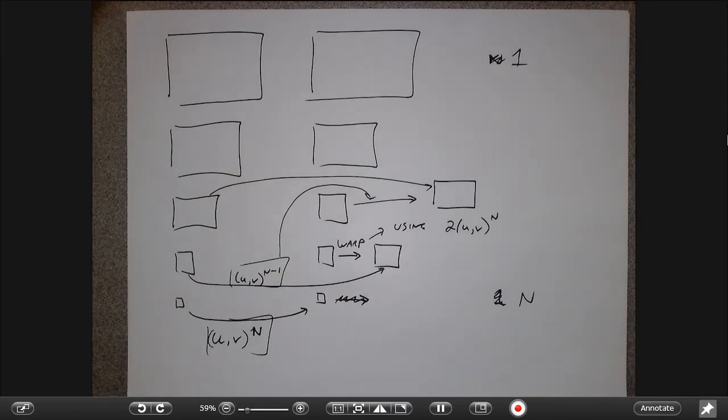So the final vectors that we come up with are the result of warping the level 1 image, and then calculating the flow as well, and then adding that on to the result. Right.